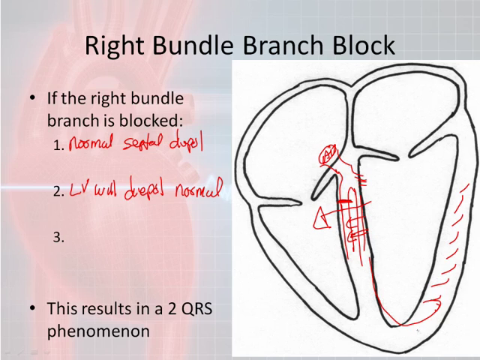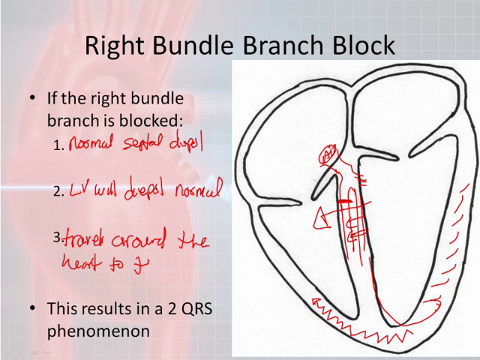But then what has to happen is that you're going to have this very slow transmission that goes around to the right ventricle. So the electricity will travel around the heart to the right ventricle.